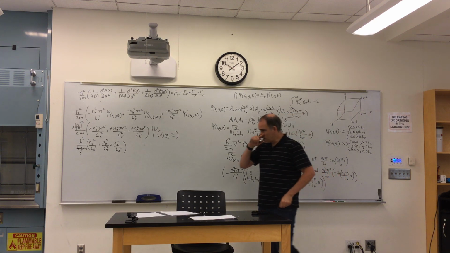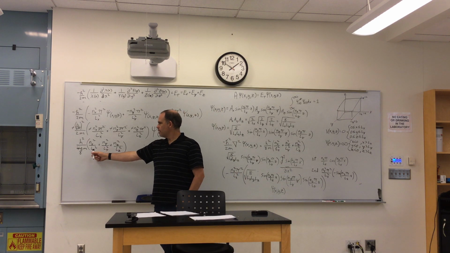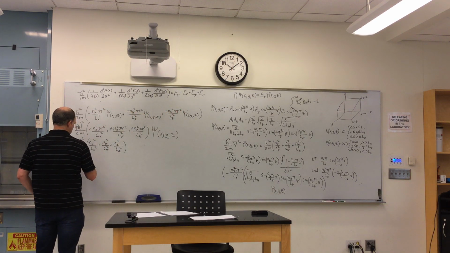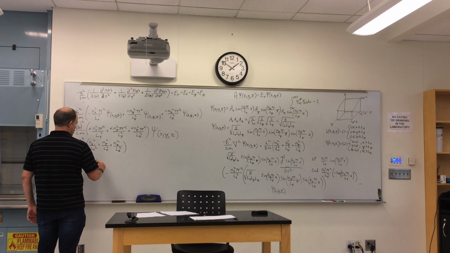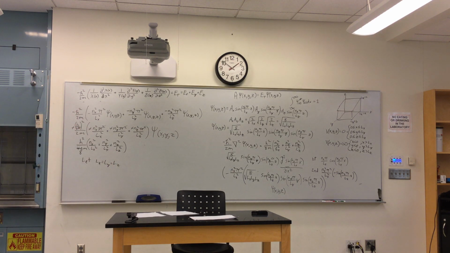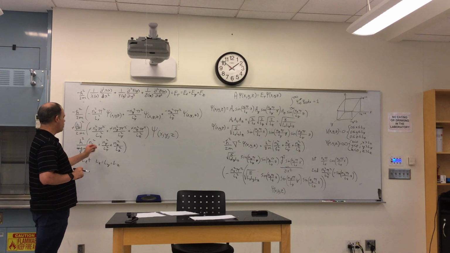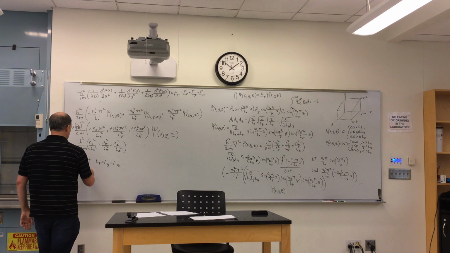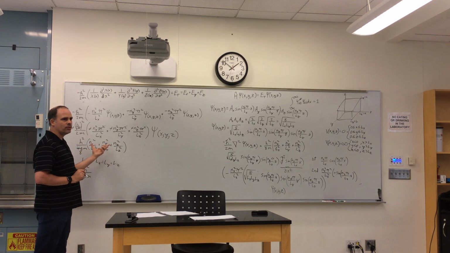Okay, so why is this important? Let's say that our box has the exact same dimensions, so Lx, Ly, and Lz are the same. Lx equals Ly equals Lz, so it's a true cube. So we could actually bring these together, because if Lx, Ly, and Lz are the exact same thing, then this would be h squared over 8m, and each one of these would be divided by the same value.